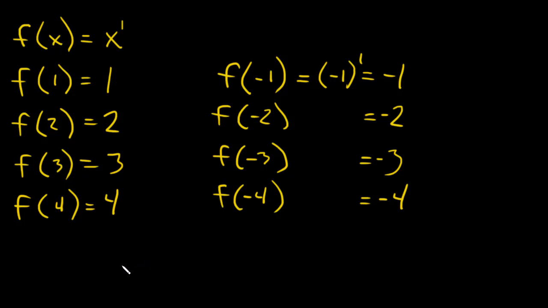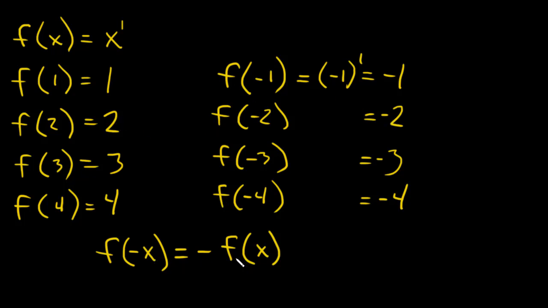So to write that, if I plug in a negative value for my x, I get the negative of the answer when I plug in a positive value. I plug a negative 1 in, I get negative 1. I plug negative 2 in, I get negative 2.